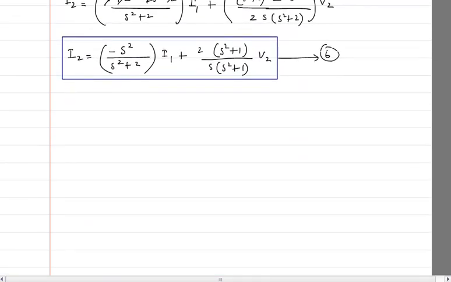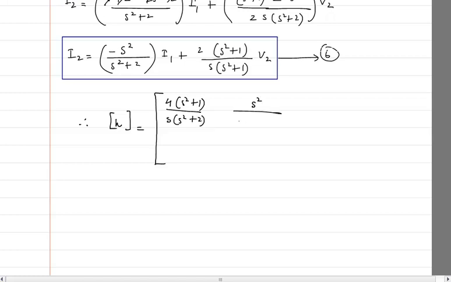Now from 5 and from 6 I can write, therefore the h parameter is going to be equal to, okay, let me write this. From equation 5 I will get h11 as 4 s square plus 1 divided by s into s square plus 2, and here it is going to be s square divided by s square plus 2.